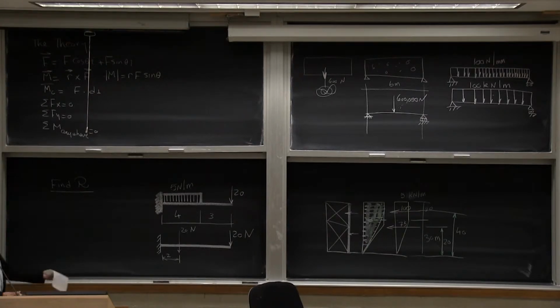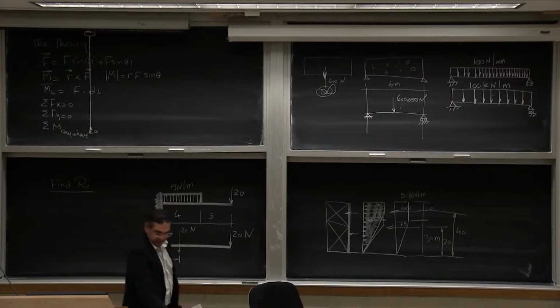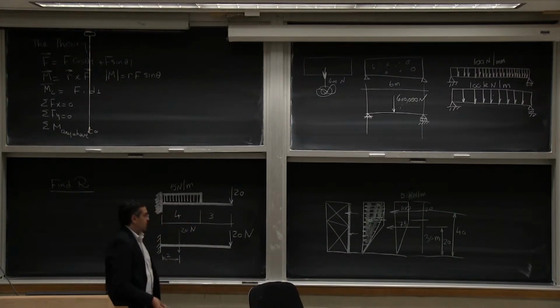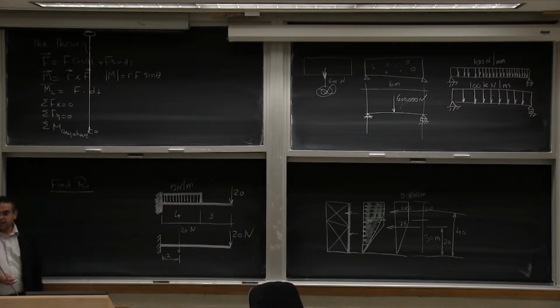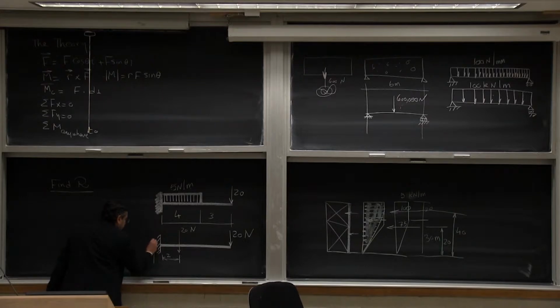I start drawing my free body diagram. I now have a little bit of an engineering sense. There is no Rx, because there is no force in the x direction. And the y must be going up and must be 40.